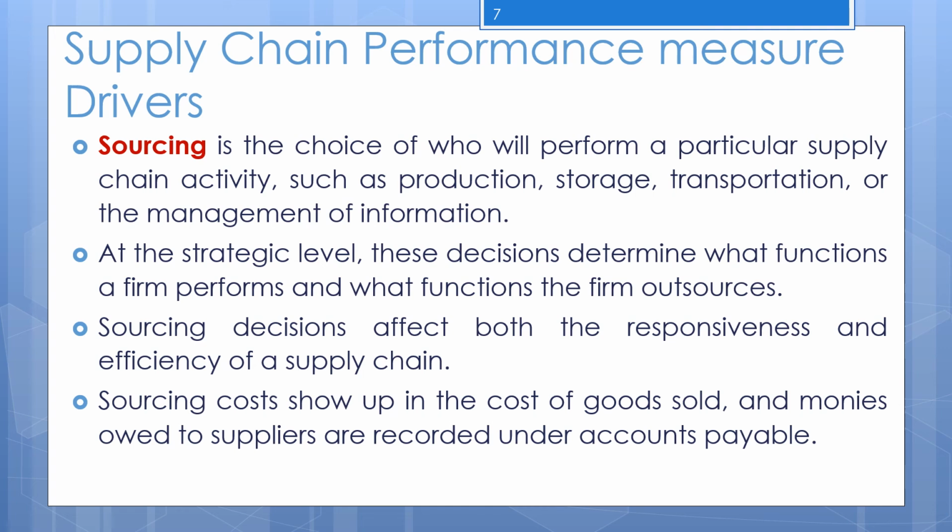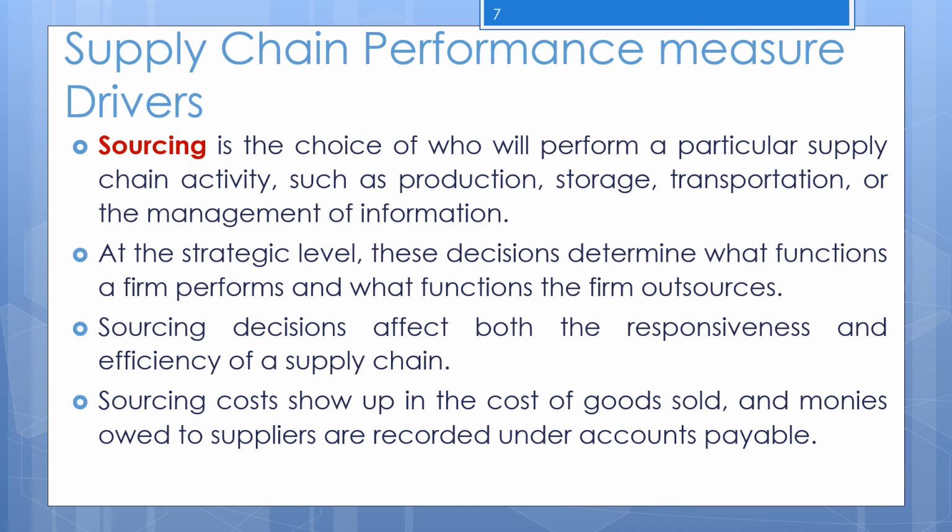Then supply quality, which measures the quality of product supplied. Then supplier lead time, which measures the average time between when the order is placed and product arrives. So these are a few sourcing related metrics which definitely influence the supply chain performance.